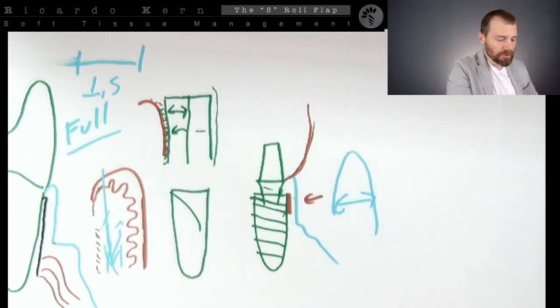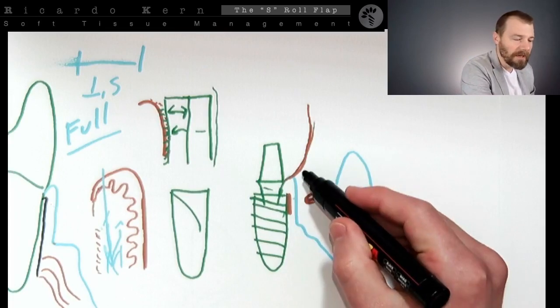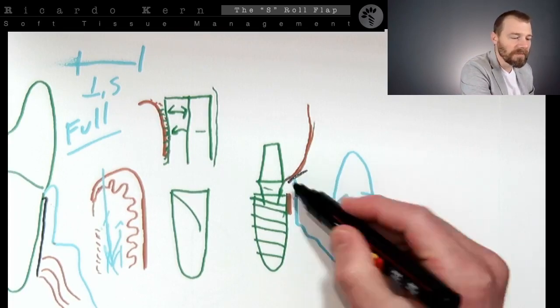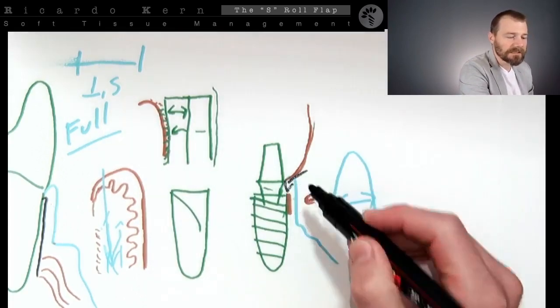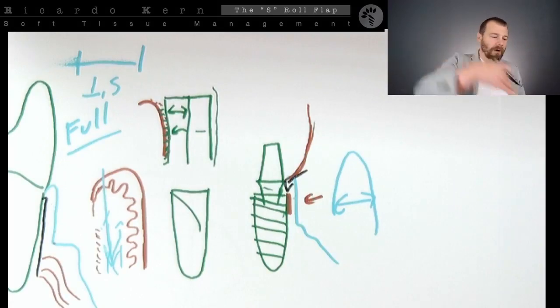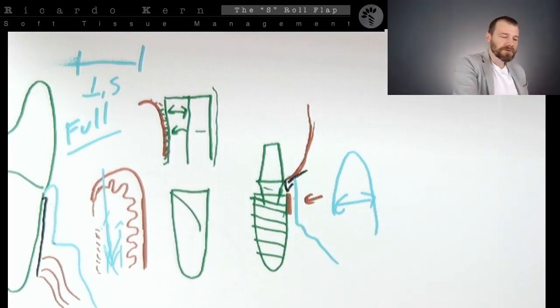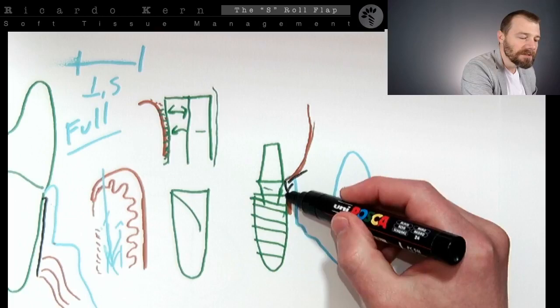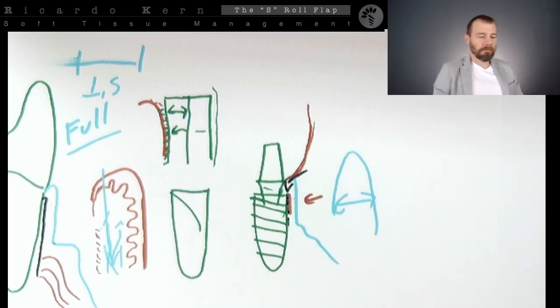How can you do this curvature to prepare this area? How can you come inside here with a blade, do this curvature, almost 90 degrees of curvature, to now engage over the buccal or the facial surface of this implant?